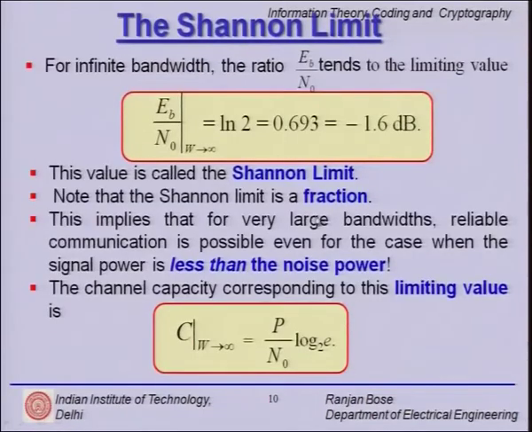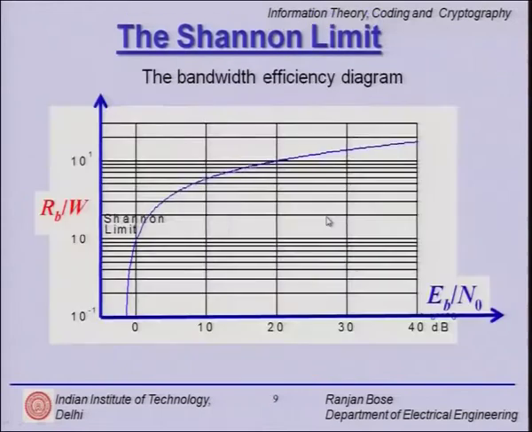Now, what is interesting to note in the previous figure is that this line, if you look along the x axis, is for large bandwidth. So, bandwidth W is in the denominator, RB is a system designed parameter. So, as I increase W, I go down the y axis.